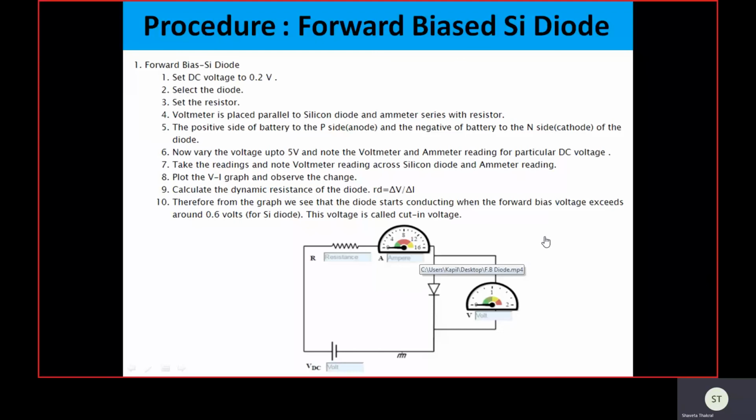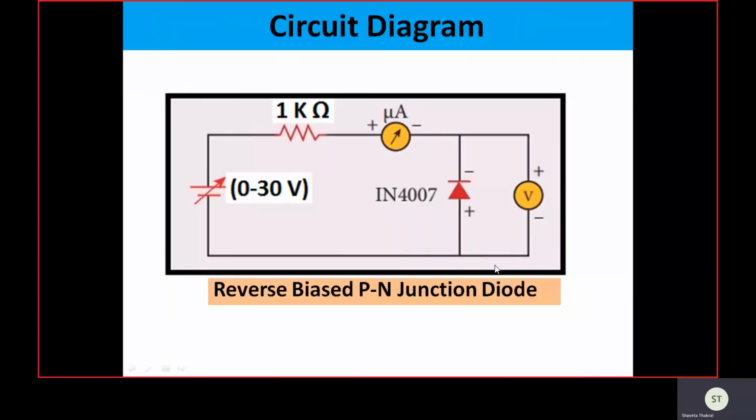So we have seen how we can perform the experiment, that is to plot the VI characteristics of the forward biased silicon diode and calculate its dynamic resistance. And similarly we can perform the experiment for the reverse biased PN junction diode by just reversing the PN junction diode.